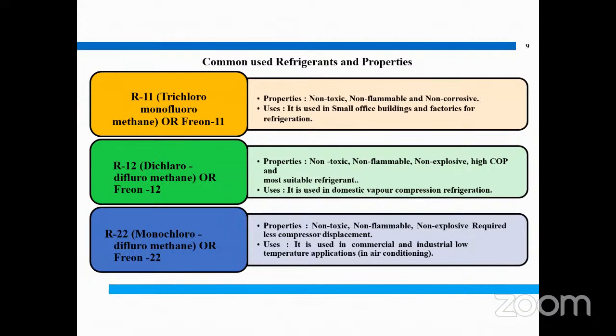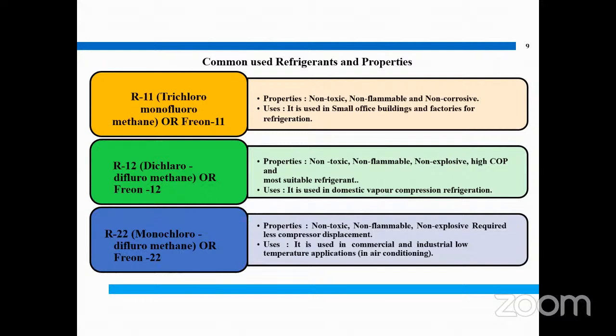Then commonly used refrigerants and their properties. R11 or Freon 11. Properties: non-toxic, non-flammable, and non-corrosive. It is used for small office buildings and factories for the refrigeration system.